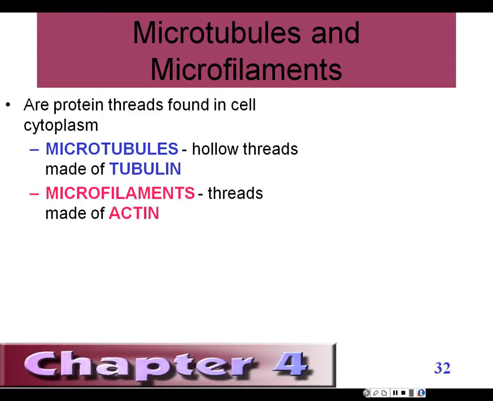So the microfilaments, again, are also called actin filaments, another protein thread. So we know that this one is much thinner than the tubule itself. It's not hollow.